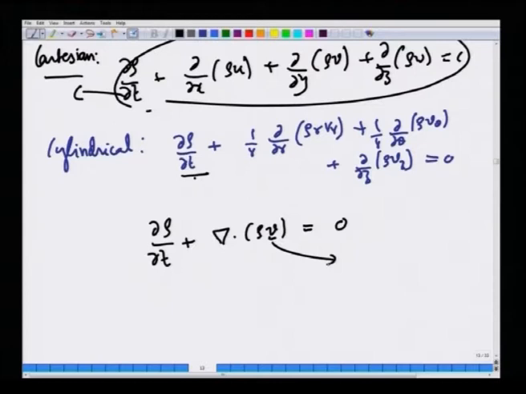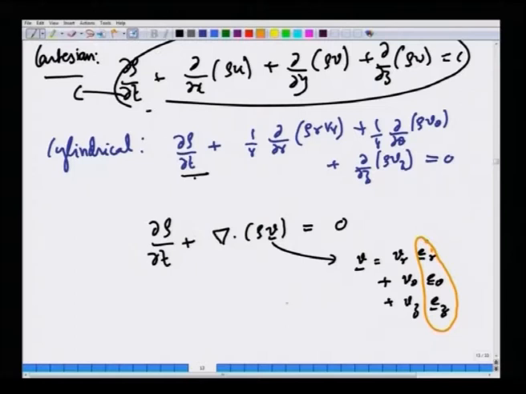when you write the velocity in cylindrical coordinate systems, you will write this as Vr Er plus V theta E theta plus Vz Ez. Now, the unit vectors themselves are functions of coordinate directions. So when you go along the theta direction, the unit vector Er will change its direction.